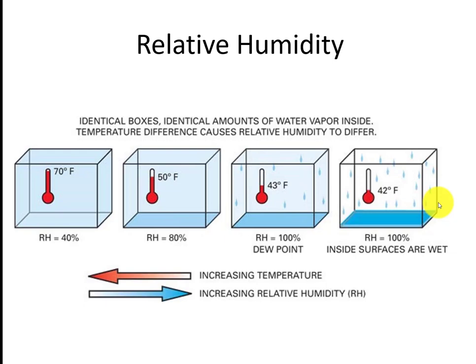Anything lower than 43 degrees Fahrenheit and you are getting the inside surfaces showing dew or evidence of being wet. And so if we go to the left, we have increasing temperatures. If we go to the right, we have increasing relative humidity.